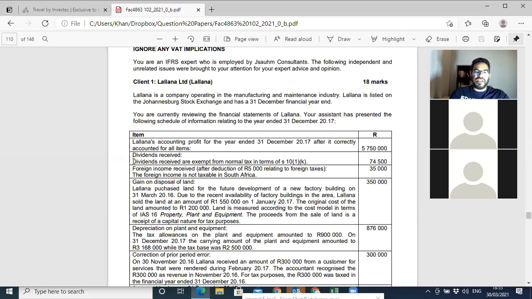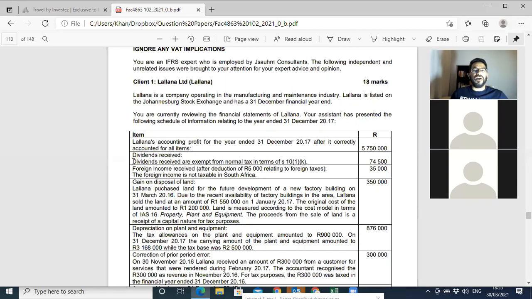Okay, so let's go through the next line item. Dividends received. They say dividends received are exempt from normal tax in terms of section 10(1)(k). Now you are in test one. You get the question paper first, then you get the required. What you should know is when you enter that exam, so the benefit of test one is that you only went through a number of questions, okay, topics.